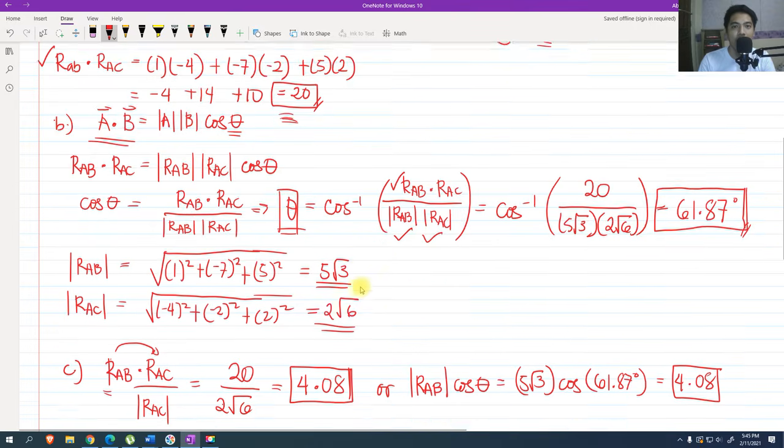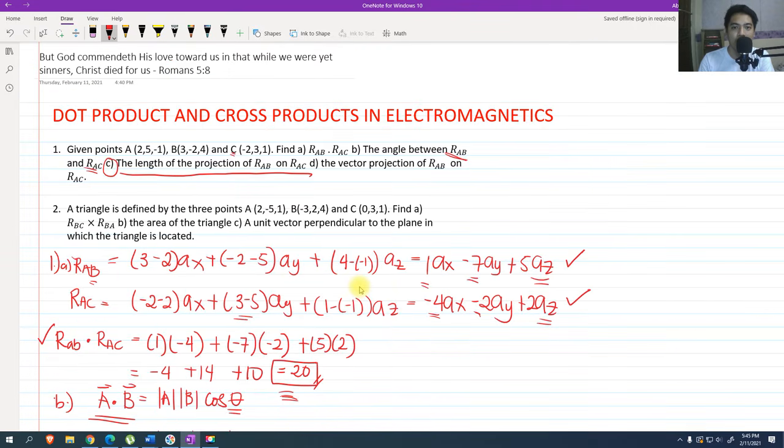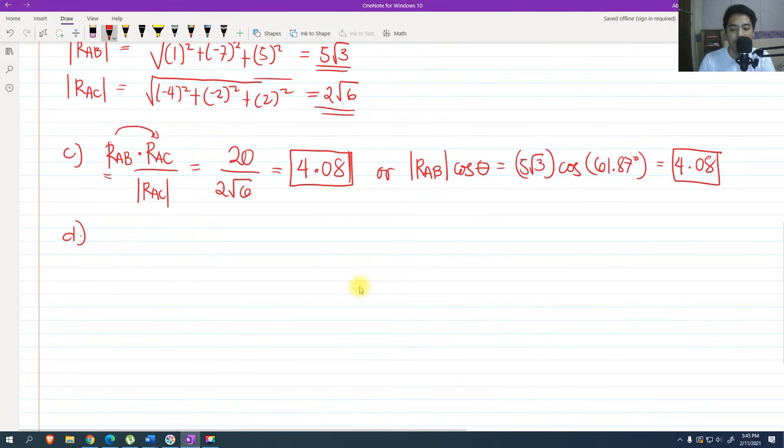Okay, so for letter D of this first problem, the vector projection. The answer here must be a vector quantity. Vector projection of RAB on RAC. We can simply get the vector projection of RAB onto RAC by using the formula RAB dotted by RAC all over the magnitude of RAC squared, multiplied by the vector RAC.